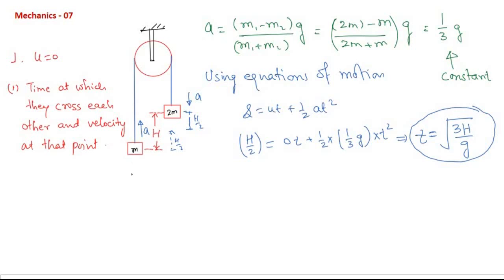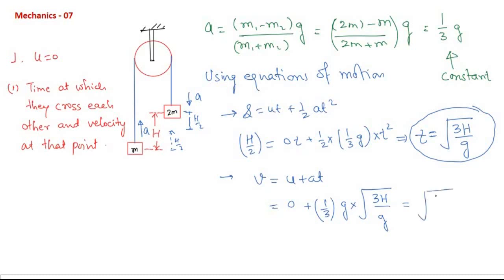And the second part was what should be the velocity. Since the acceleration is constant, we can use the first equation of motion, v is equal to u plus at. Initial velocity is 0, acceleration is 1 by 3 times g, and the time taken is under root of 3h by g. From here you will get v equal to under root of hg by 3.